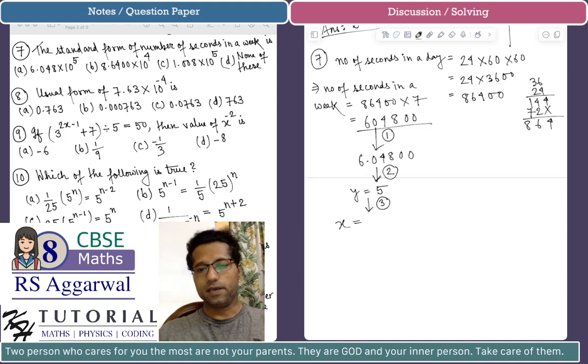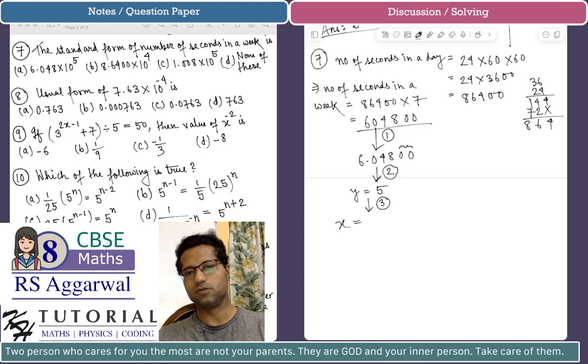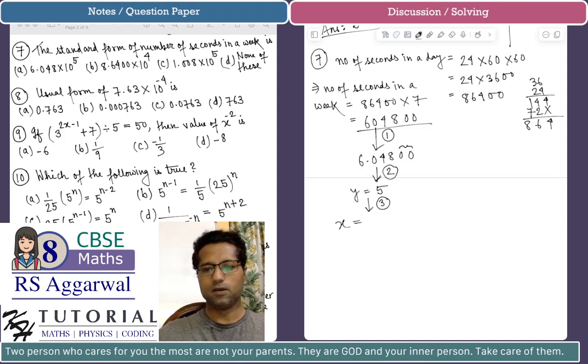X will be the number you obtained after step 1, that is 6.04800, but you ignore all the trailing zeros. In a decimal number, in the fraction part, all the trailing zeros are useless. They are not required. So x is 6.048.